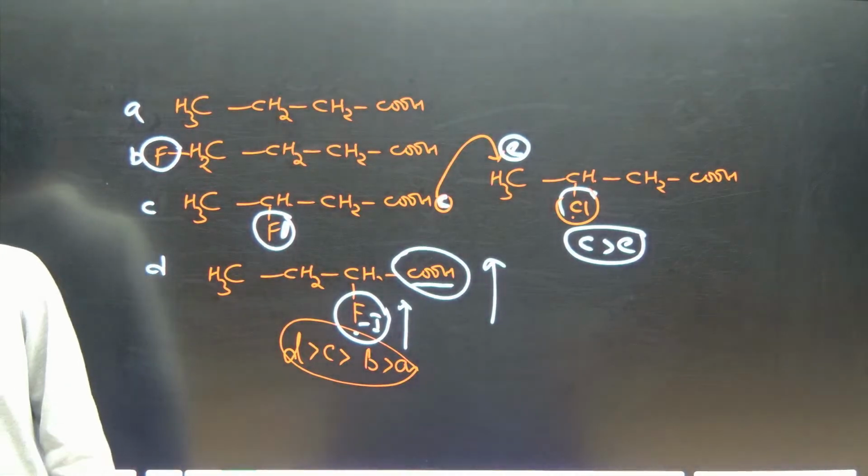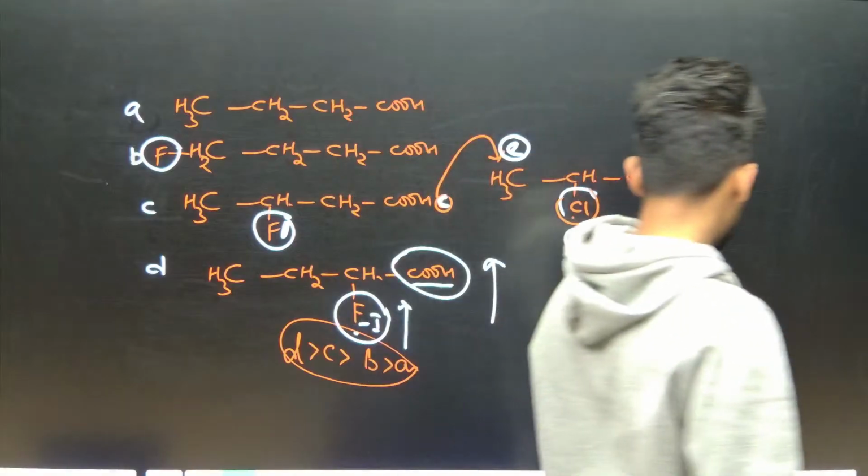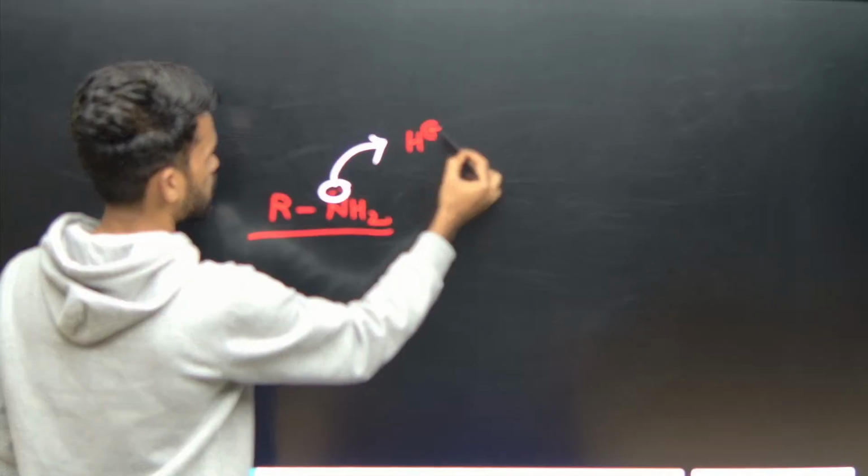Right, and next, here I can explain the basic nature of amines also, or NH2. These are amines. The basic nature of amines is due to the presence of these lone pairs, so they can accept H plus ion using these lone pairs. If they have more ability to accept the H plus ion, we can say more basic nature.